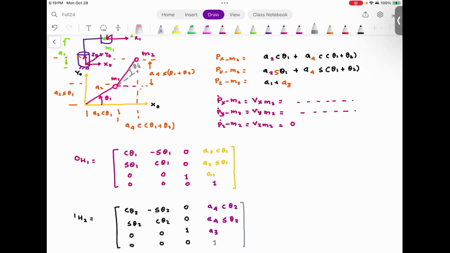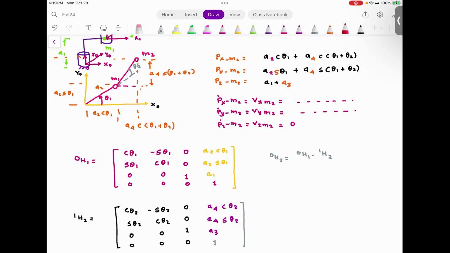Everyone understood this? Yes. And then what we did, we found out 0H2, which is 0H1 times 1H2. Now, everyone understood, we did this multiple times.